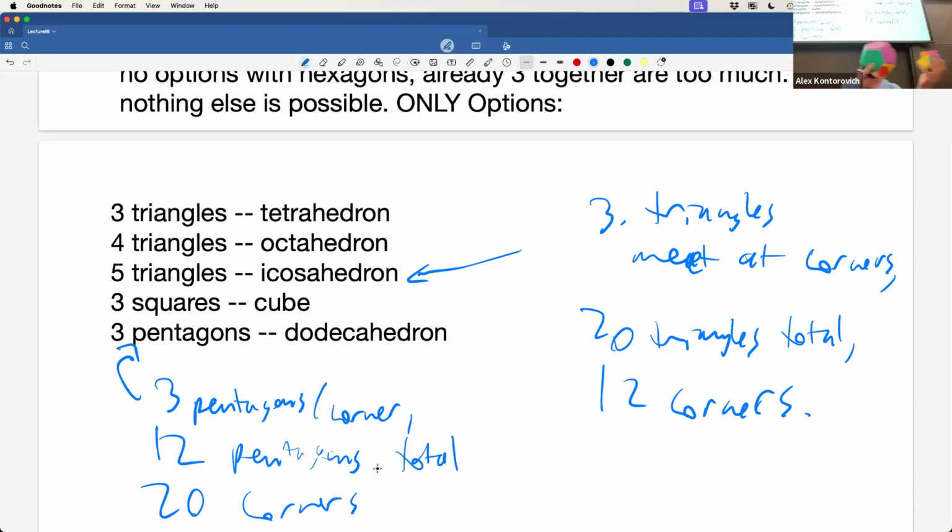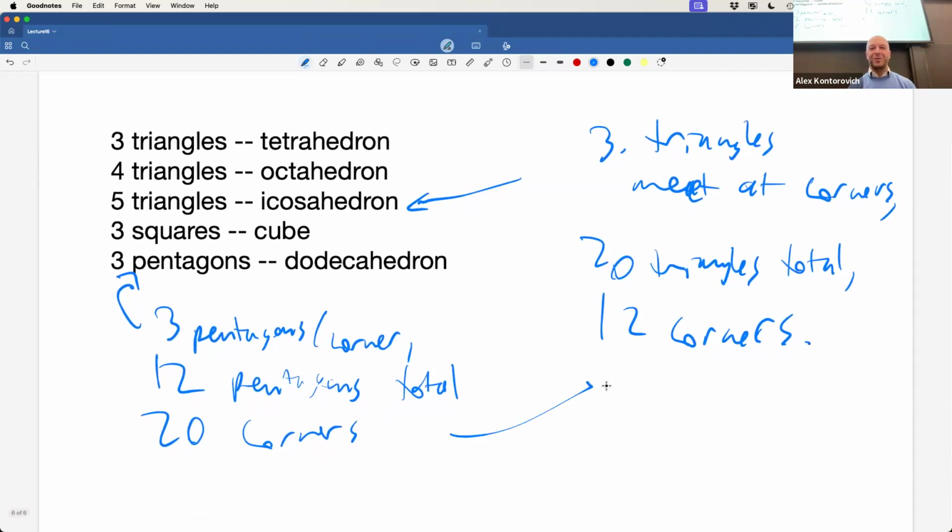They're very closely related. What's the relationship? They are cousins. They're called duals. I like cousins better, but unfortunately mathematicians did not decide to call these cousins. They decided to call them duals. These are dual polyhedra.